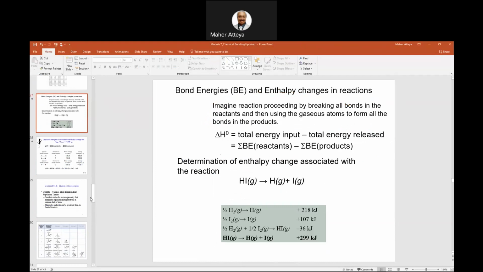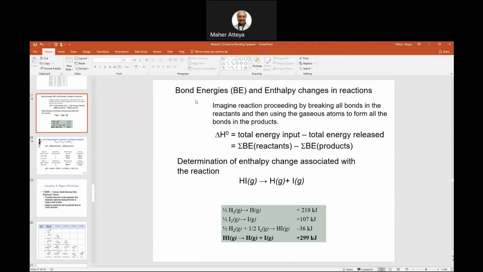So now how to calculate this one if it is given to you. If you look at this, bond energy is the total bond energy of the reactants minus the total energy of the products. That's quite the opposite of the enthalpy change. The enthalpy change is the enthalpy of formation of the products minus the sum of the reactants.